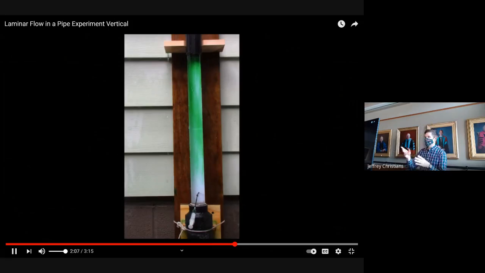Despite the fact that fluid is flowing down through that pipe continually, the dye right at the surface of the wall is not moving because of the no slip condition, so it looks like it's just stuck on the walls of the pipe. Again, just to show you, these mathematical descriptions are connected to what's physically happening in the real world.